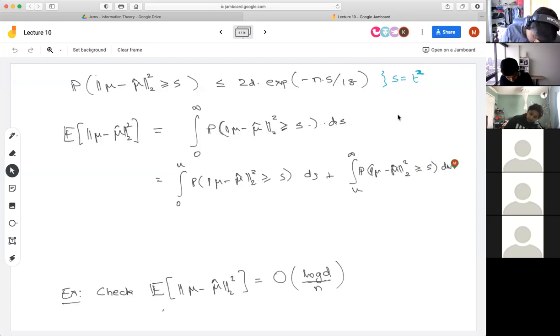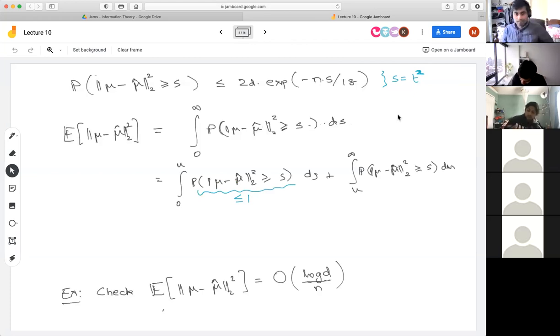Again, this is generic. I'm not using any problem specific things. Usually you split it at a point where the tail bound starts becoming interesting. So below u, we will just use a trivial bound for the probability: any probability is upper bounded by 1.